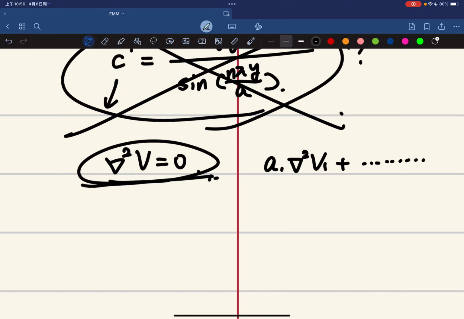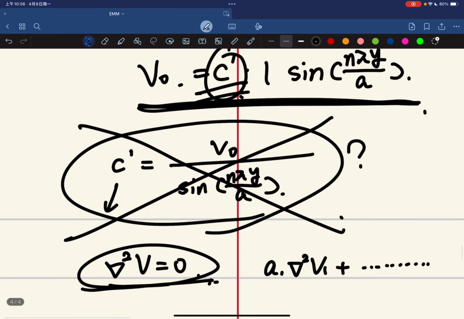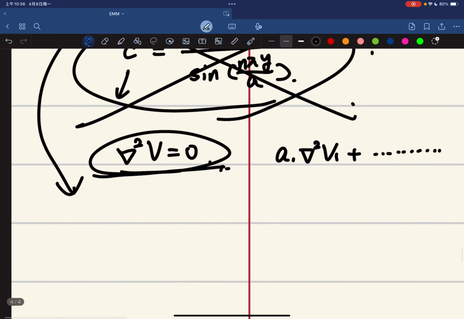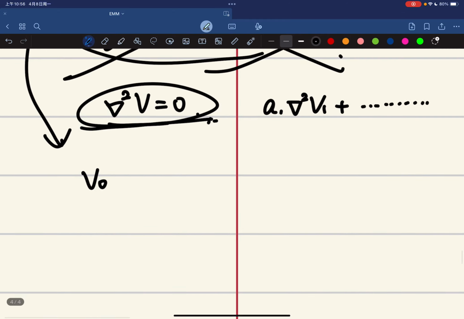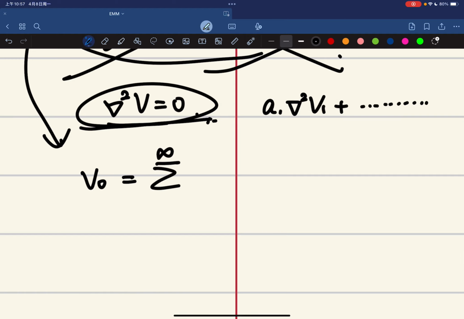So for this form I can write v naught as actually equal to this.